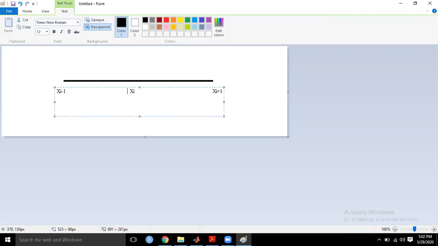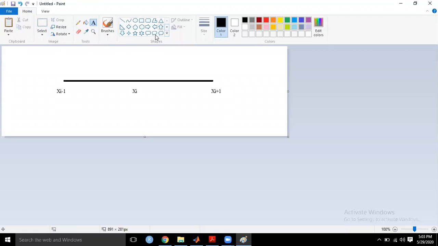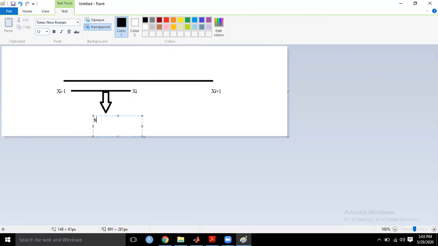Remember that these are equally spaced, and this distance is called the step size. Similarly, this distance is also the step size, and it is basically equal to h.